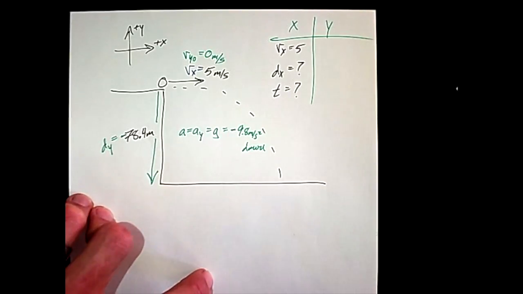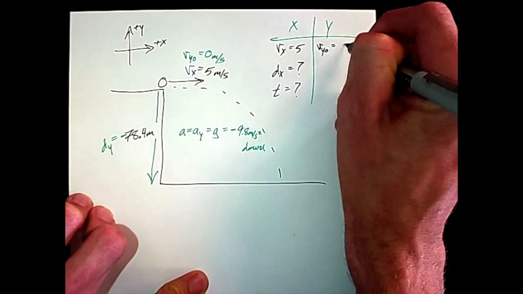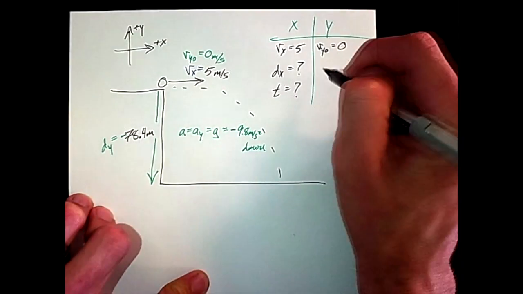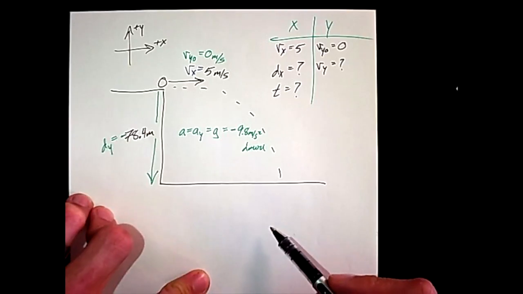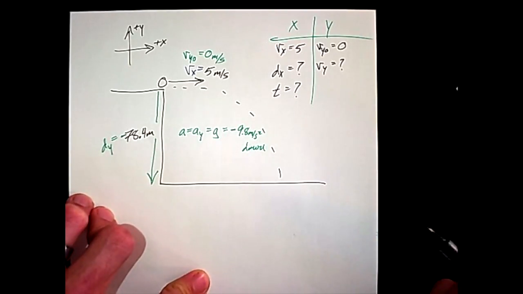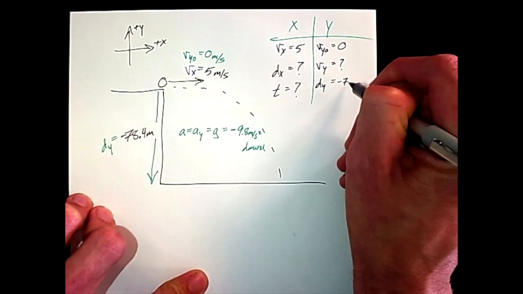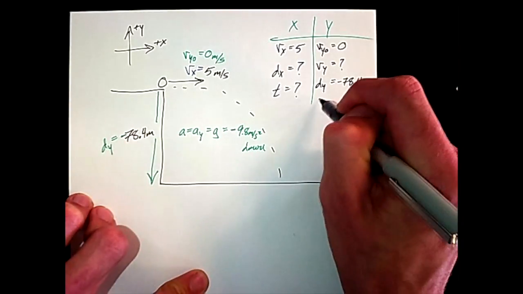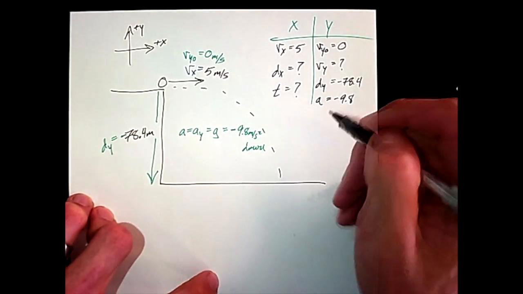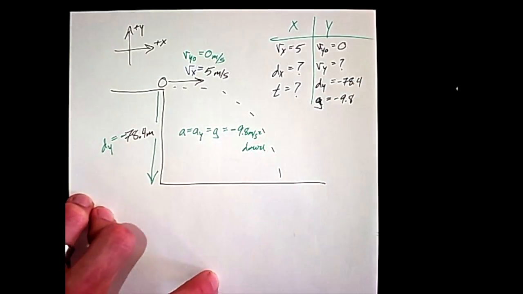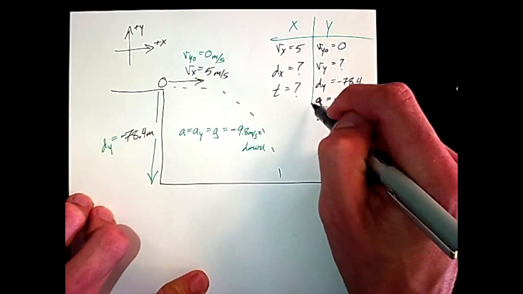In the y direction, Vy naught is 0. Vy is unknown before it hits the ground. Dy is negative 78.4. A is negative 9.8, or g is what I started to write, which is why that got messed up. And t is what I'm probably going to have to look for.